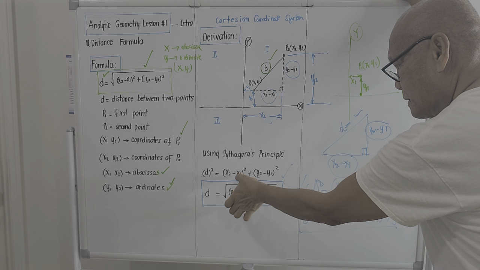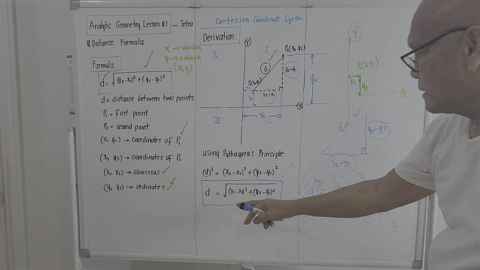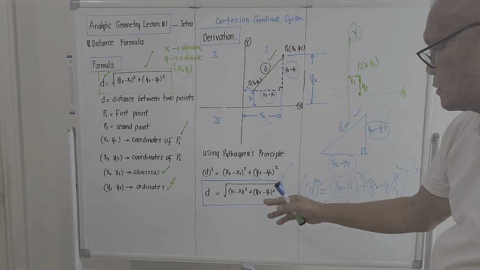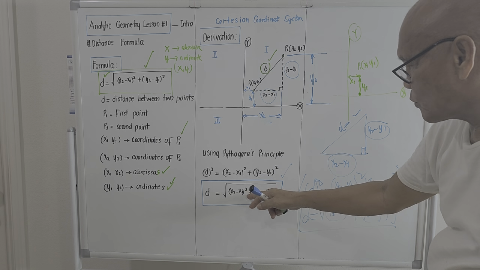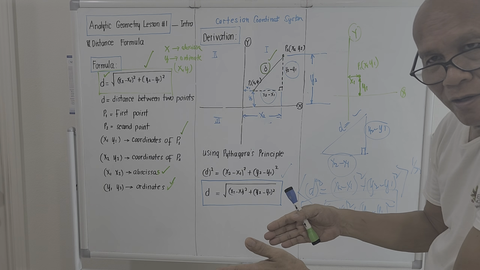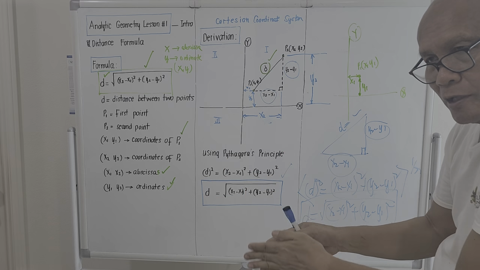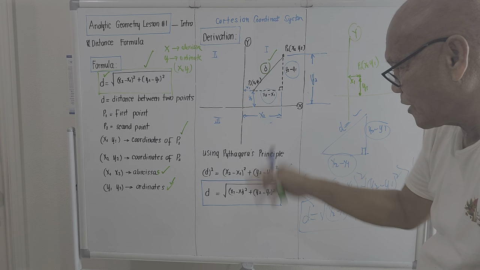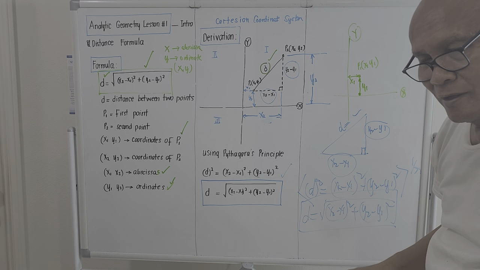We will be taking the square root. Actually, the terms inside, we could change location for x sub 1. X sub 1 could be ahead. It doesn't matter. Anyway, it will become negative. After the so-called squaring, it will become positive. So what will come out for the distance will always be a positive distance.